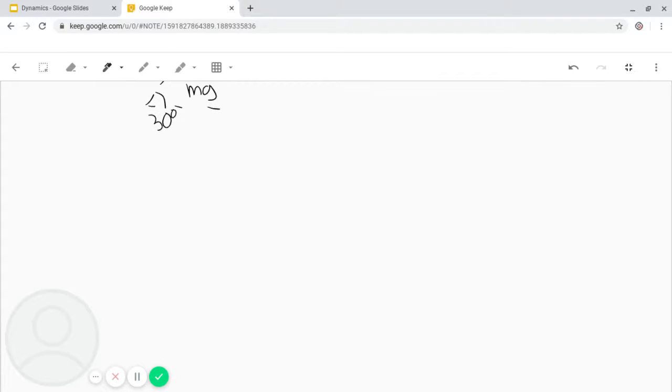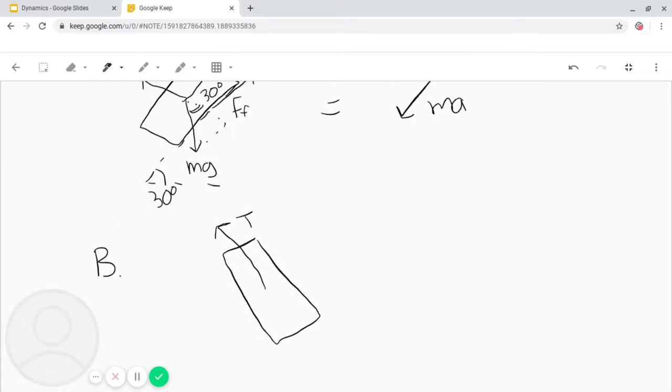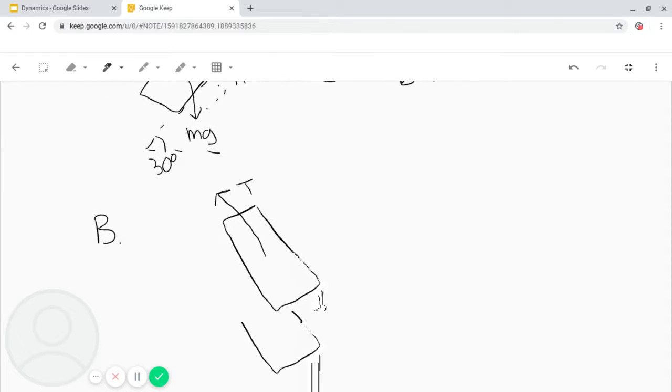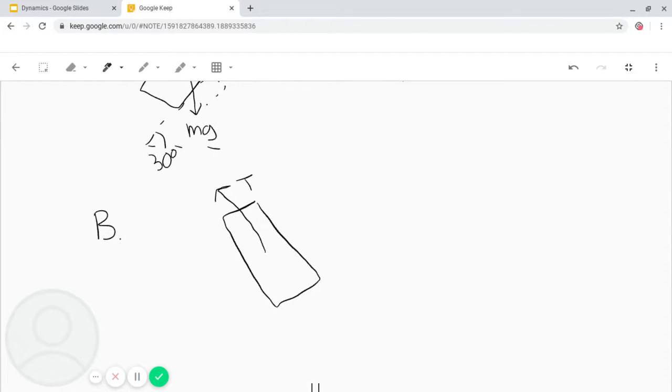So then for B, we'll do the same thing. So B, we have a box on a, oops, that's probably too steep, but it is on a slightly steeper incline. Again, we have our tension, and because it's an ideal pulley, this tension will be the same as the tension in A, so I didn't use any subscripts because they will be the same.